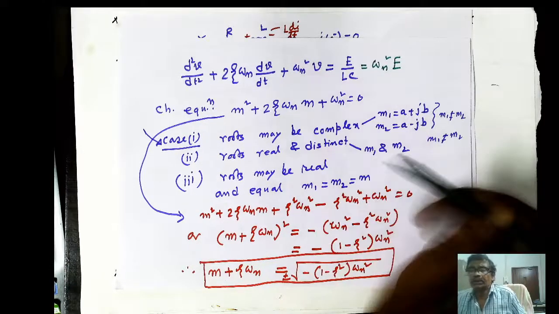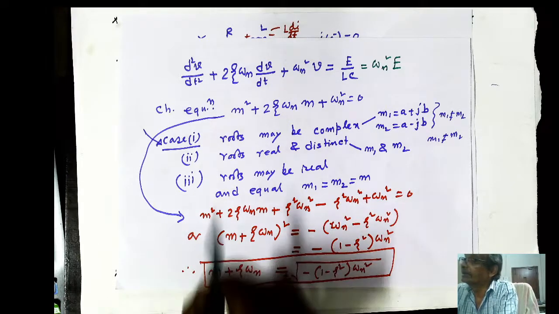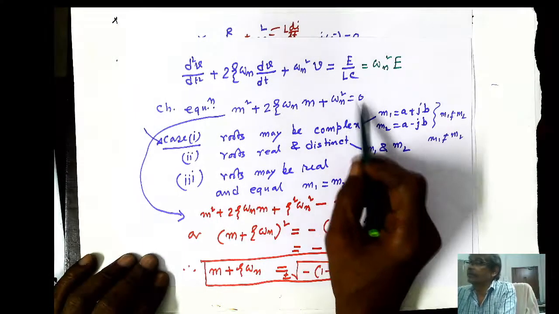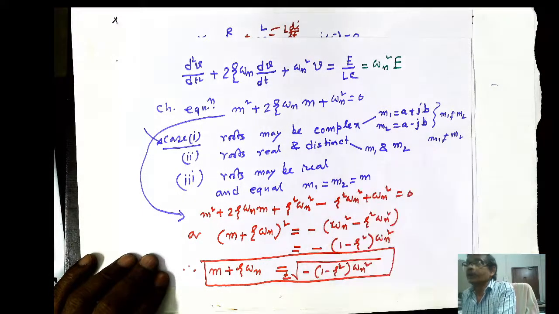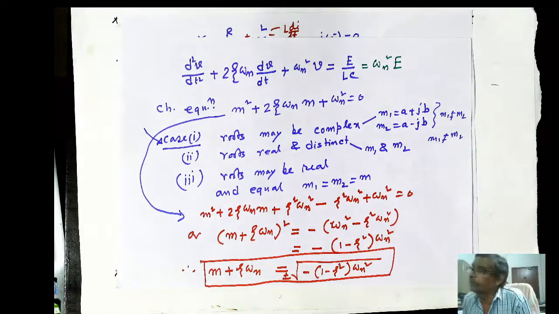So we don't have to fight for the solution due to forcing function. It is already known to me. Only the solution due to natural response depends on the roots. So I write down the characteristic equation and equate it to 0 because I want to find the natural response. Mind you, characteristic equations are written to find out the natural response. You know by this time.